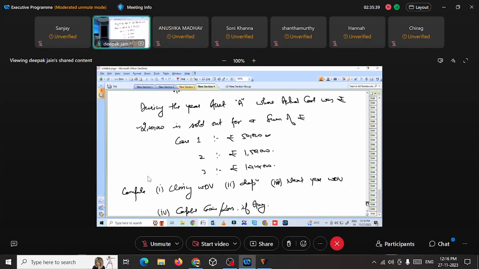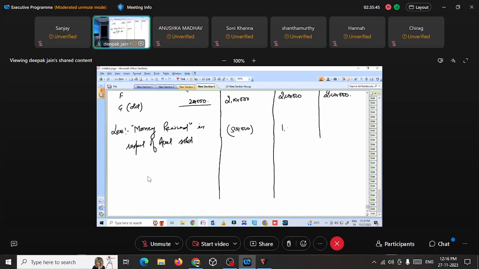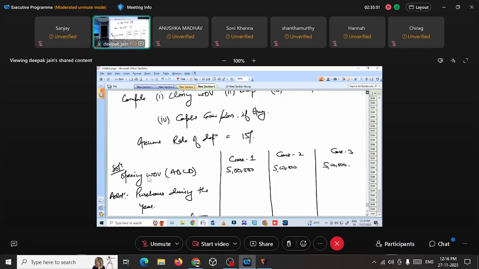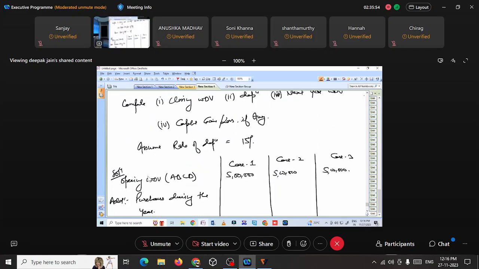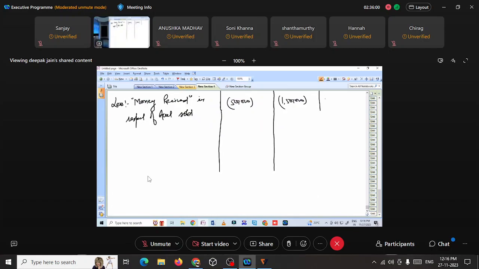In case 2, an asset worth rupees 2 lakh is sold out for a sum of rupees 1,50,000. Money received is 150. And in the third case, money received is rupees 10 lakh. So this one is my closing WDV.